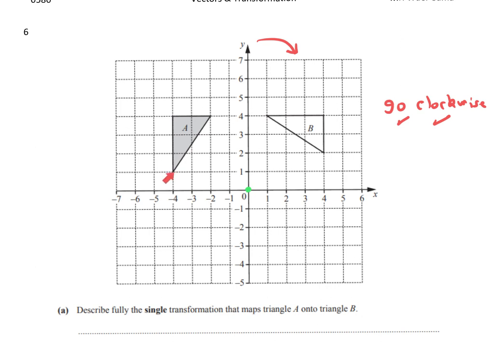How to find the image for this point? By rotation 90 clockwise. Look how to travel from this point, from the center to that one. Okay? 4 left. Yes, sir. 4 to the left and 1 up. Now, if we rotate 90 clockwise, 4 to the right will be 4 up. Am I right? Yes, sir.